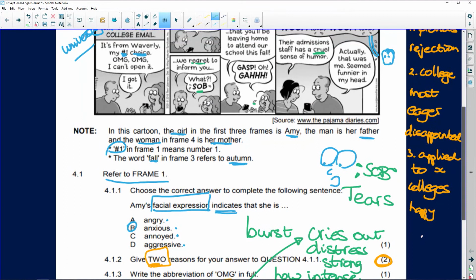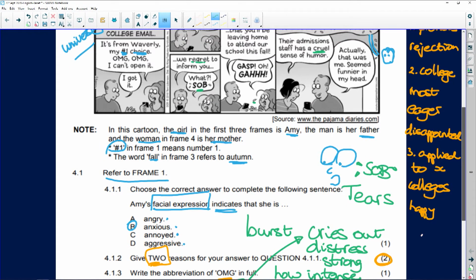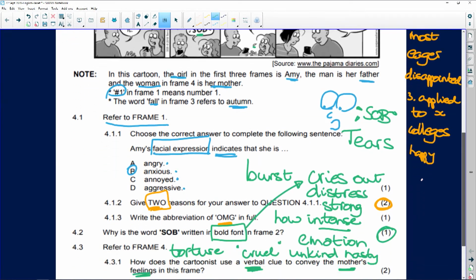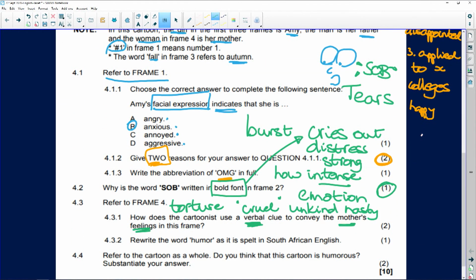For me, the difficulty is, what if the student explains how the mother's feeling towards her daughter? So let's start with, how does she feel about the admissions staff? She is condemning them. She condemns them. She criticizes them.